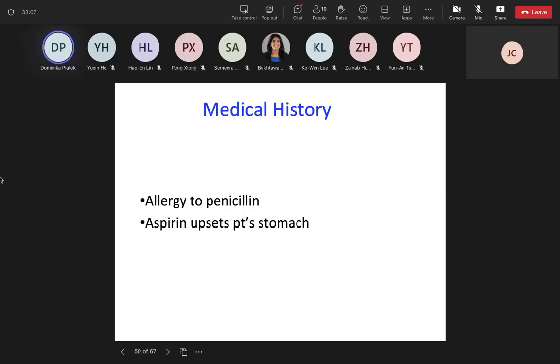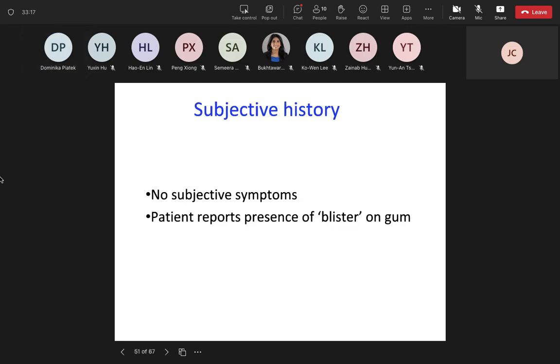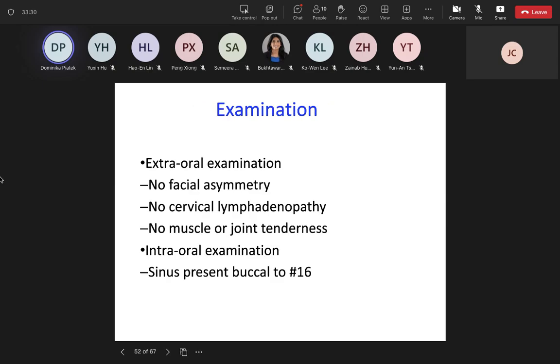and the medical history in that case will be, for example, allergy to penicillin and aspirin upset connected with the stomach, and some subjective history. So we have no subjective symptoms. The patient reports presence of that blister on the gum.